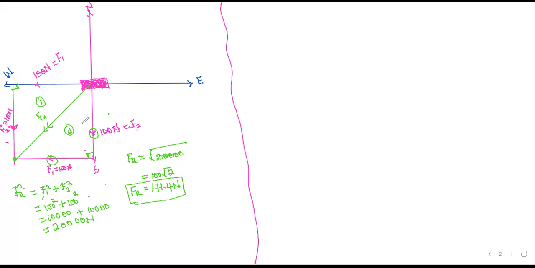Okay. Now the direction of the resultant. If I determine this angle it makes with the west, theta, tan of theta is equal to F2 over F1, and that is 1. The ratio is equal to 100 over 100.